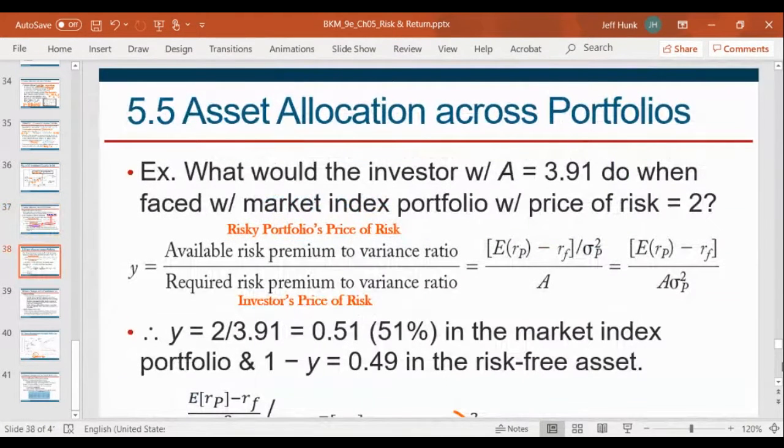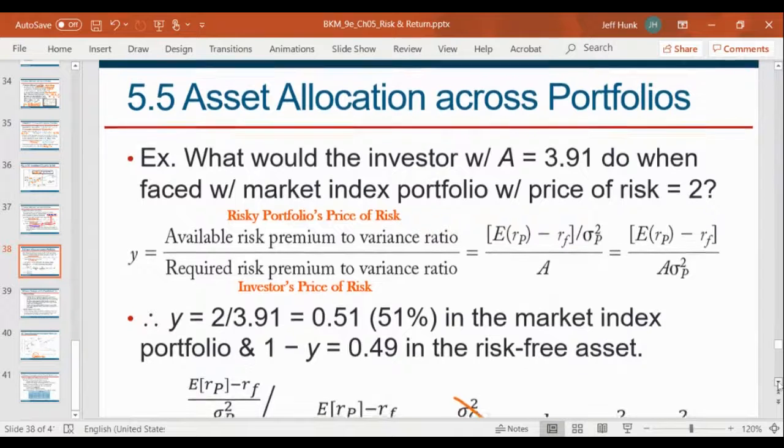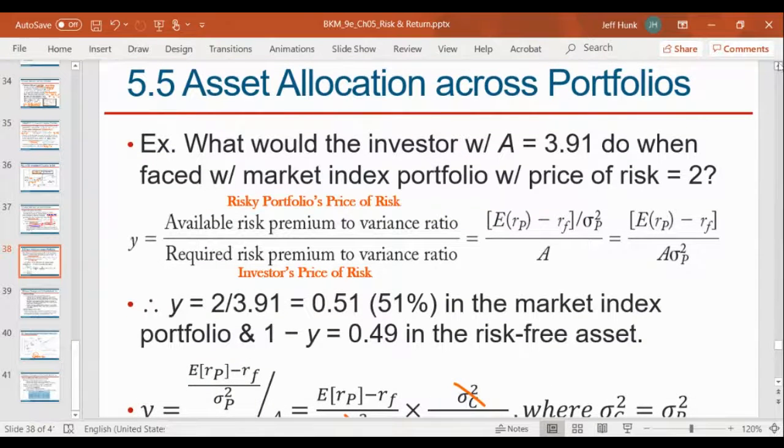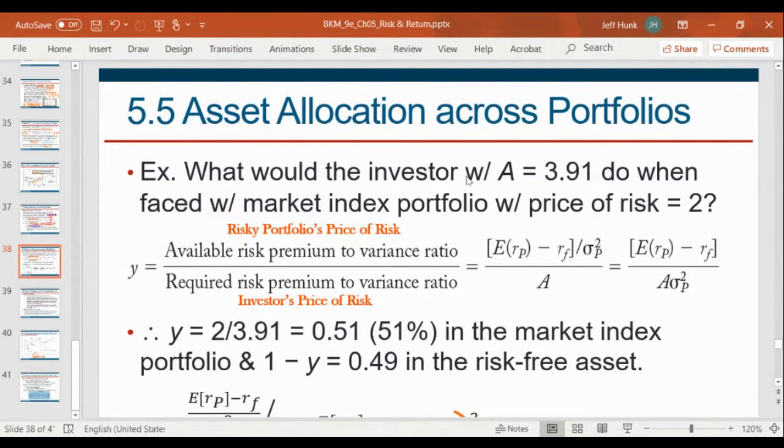But then, let's take a look at this example, which is not a very difficult concept. What would the investor with price of risk of 3.9 do when faced with a market index portfolio with price of risk of 2? Our risky portfolio has a price of risk of 2.